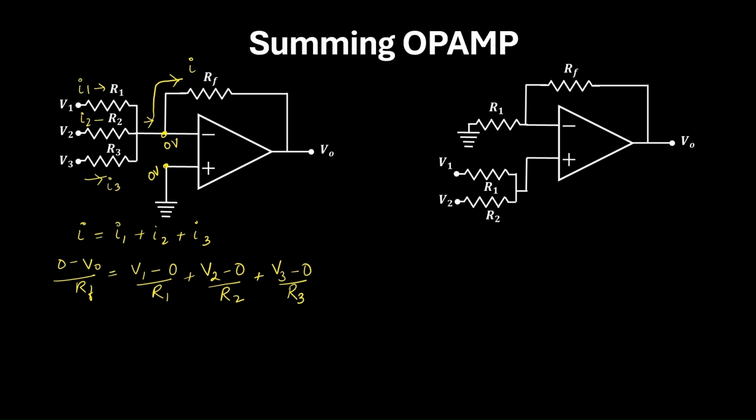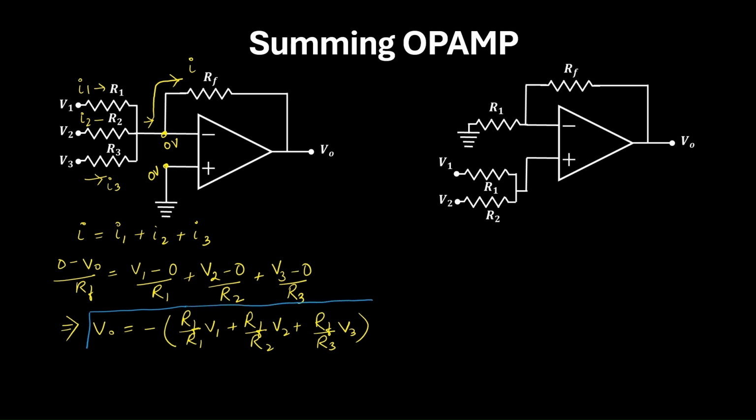Now we can rearrange this and we can write V0 as minus RF by R1 into V1 plus RF by R2 into V2 plus RF by R3 into V3. So this is the expression of the output.